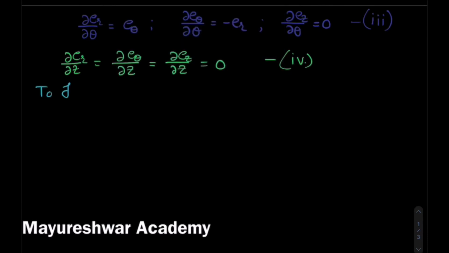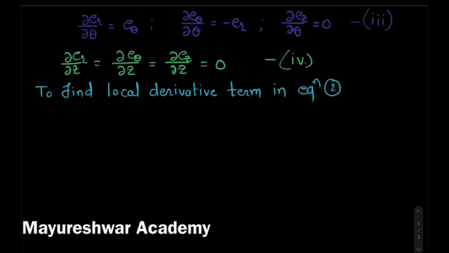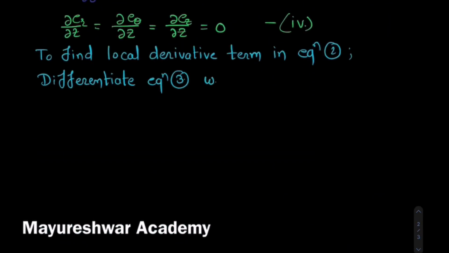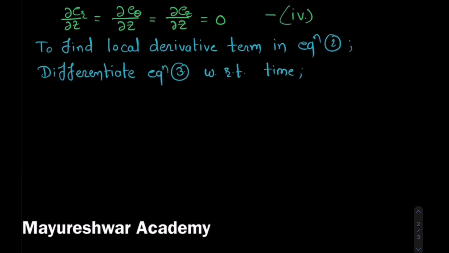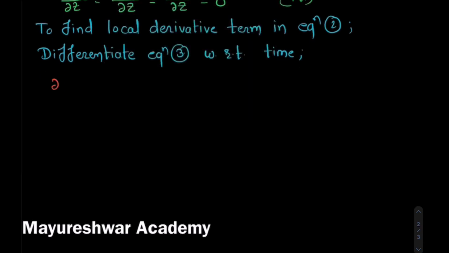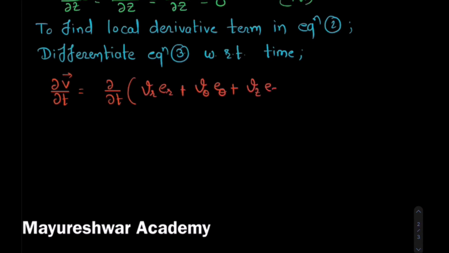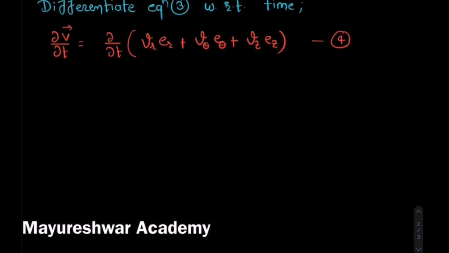Now let us try to find all the terms. To find the local derivative term first, on the left hand side of equation 2, we differentiate equation 3, the velocity components, with respect to time. So we get the local derivative: partial over partial t of v bar is equal to d/dt of vr er plus v theta e theta plus vz ez.